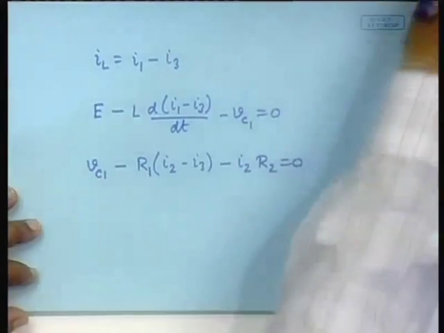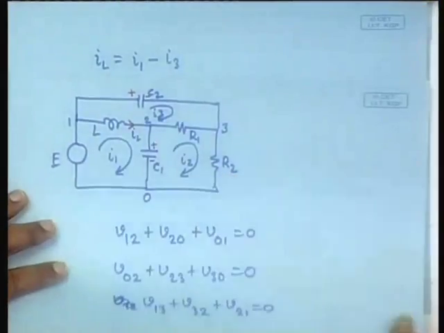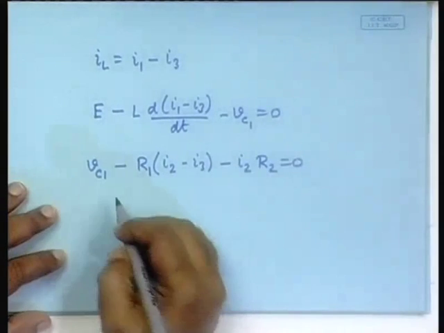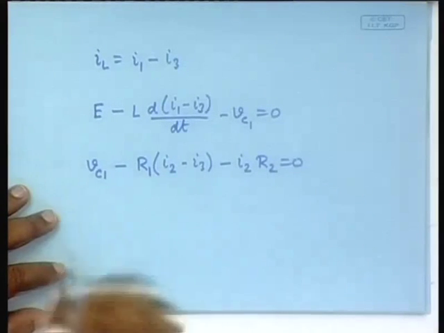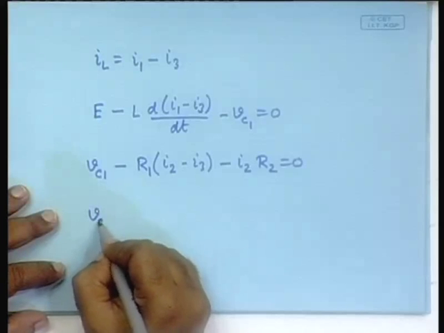Third one, the one at the top, it will give Vc2.